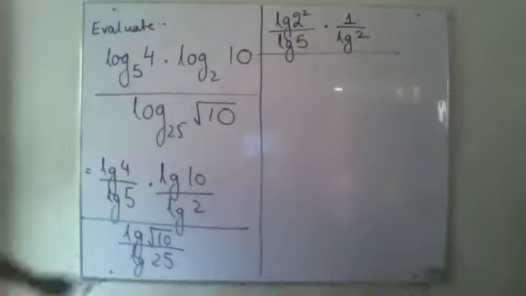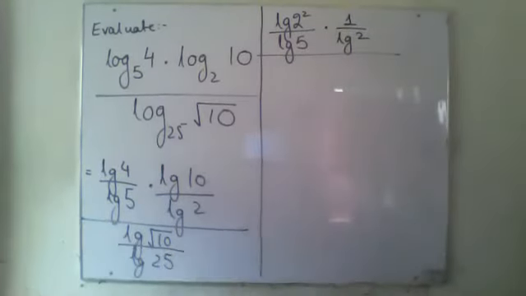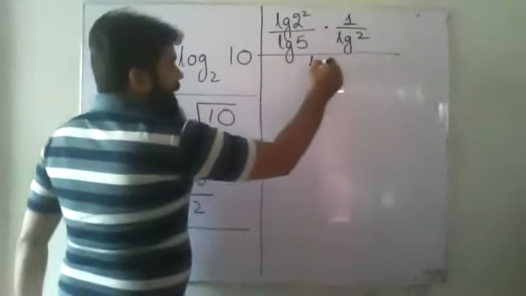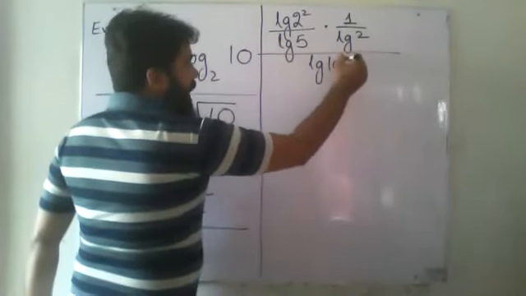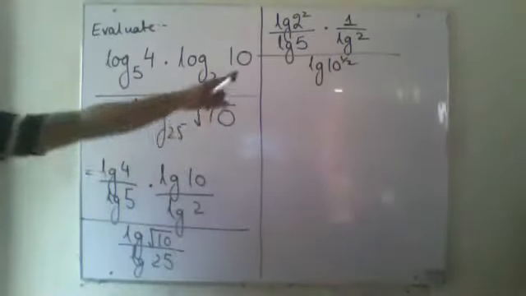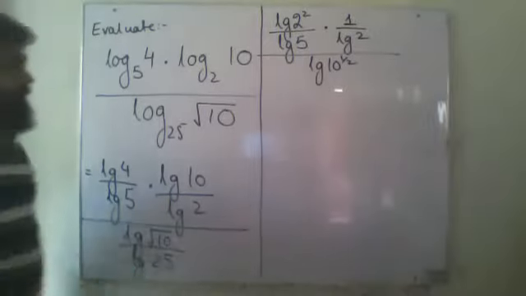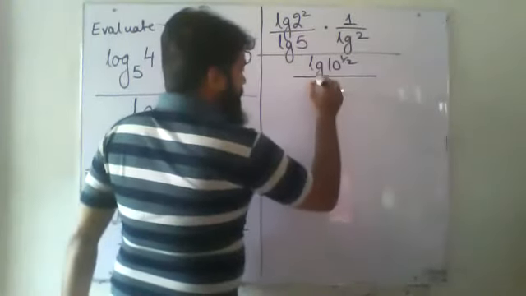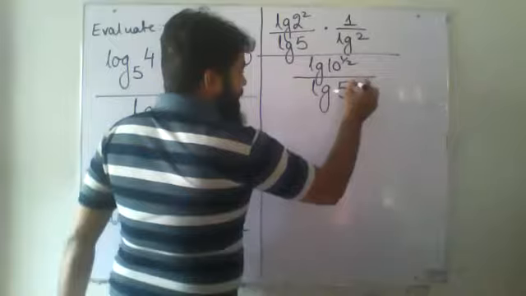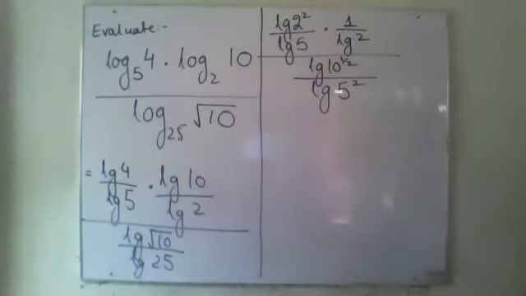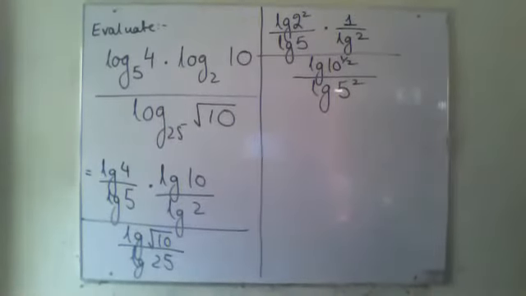Upon this thing, it's written under root 10. I can write it as lg 10 power half. Root can be written as 10 power half, and 25 is written as lg 5 square. Okay, this is the thing which we are going to do over here.